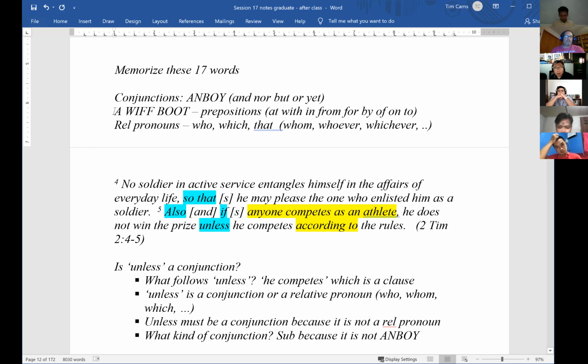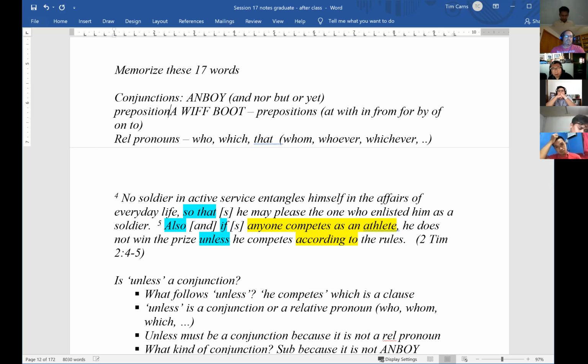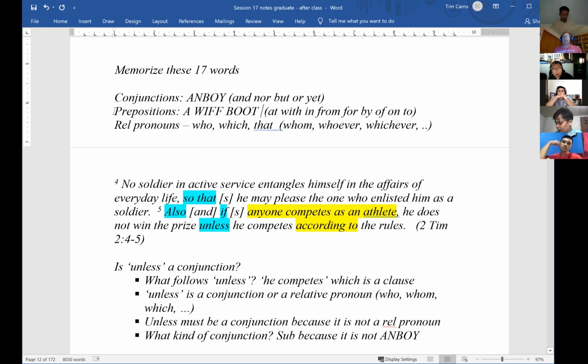All right, the second group is the prepositions. And again, I just call it a with boot because I couldn't think of a better acronym. But these 9 prepositions encompass a good portion of the 150. In fact, I think the words in, of, and was it on or 2 or 4?